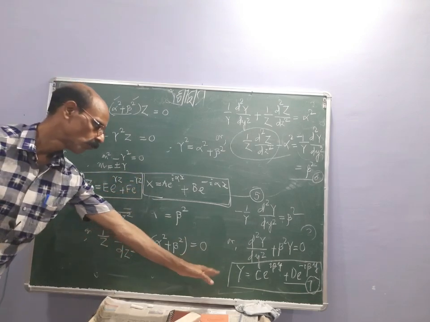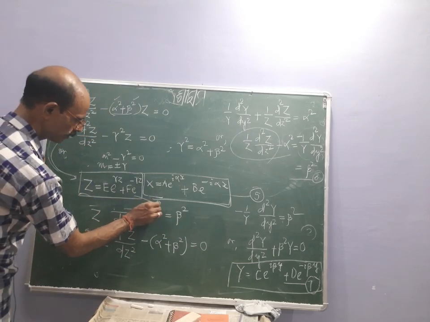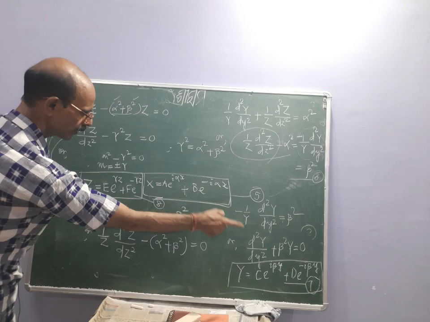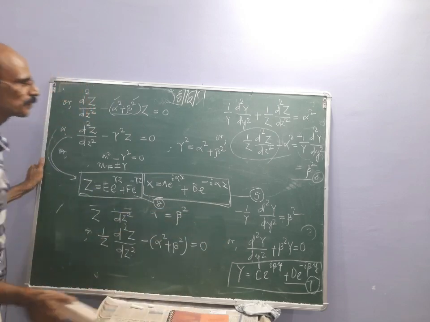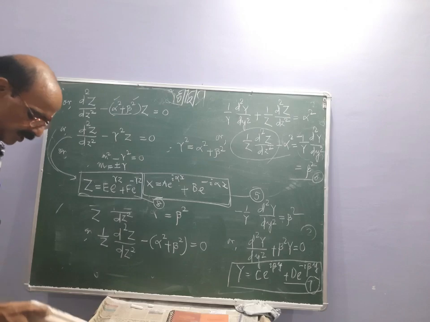Now X, Y and Z are obtained. Let it be equation number 8. Now use equations 5, 7 and 8 in equation 2. What is equation 2?